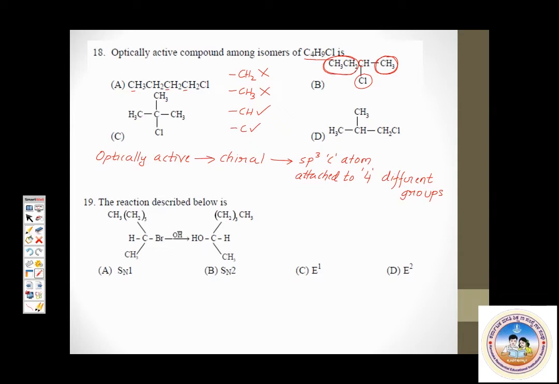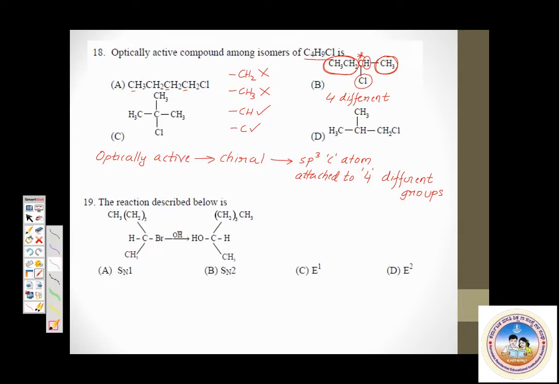Hence this becomes a chiral center. If there is a chiral center, then yes, that's a chiral molecule. So I can now safely say option B is our answer. That's the chiral molecule. Let me also check option C and option D, just out of curiosity.